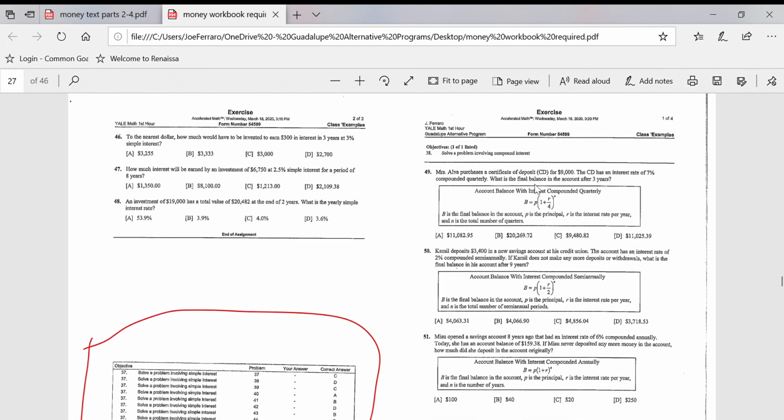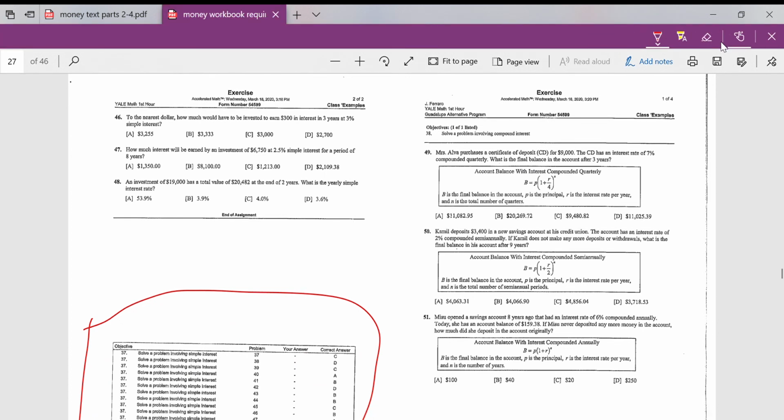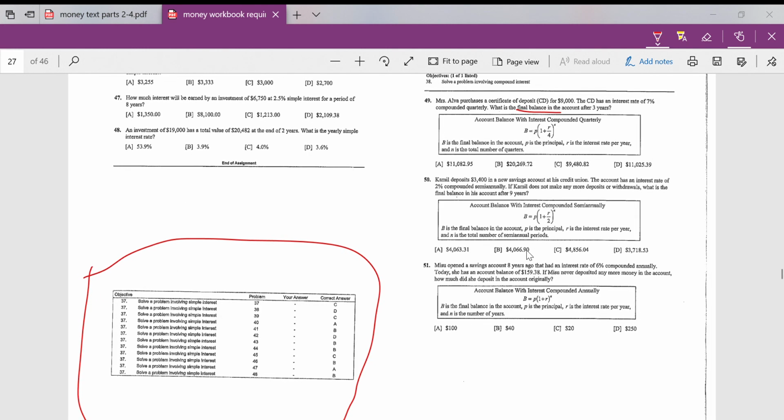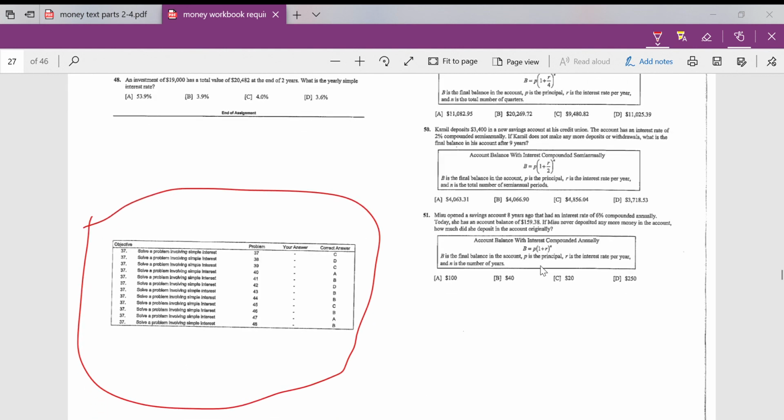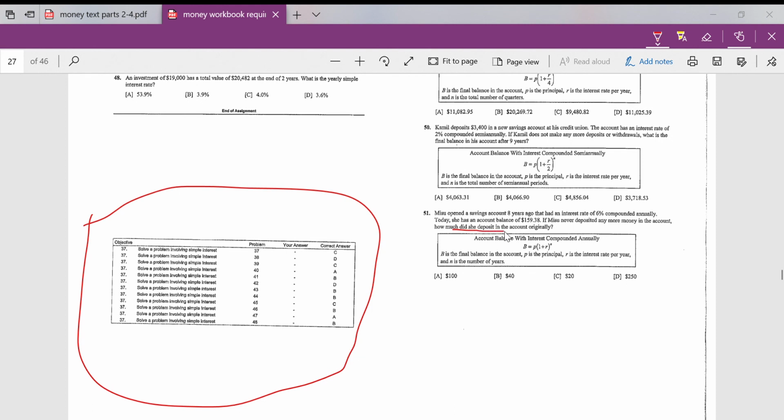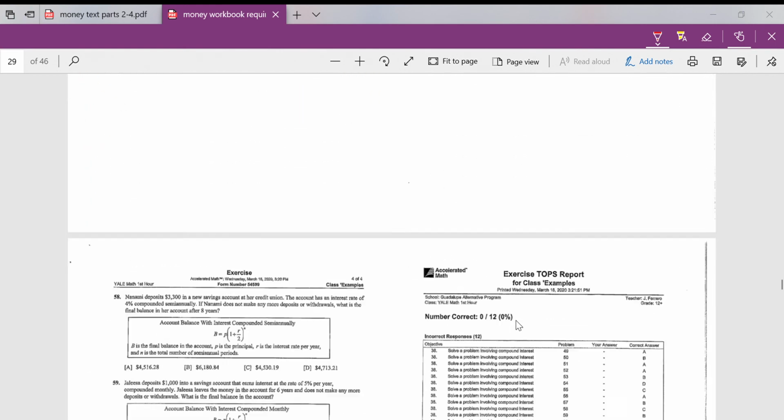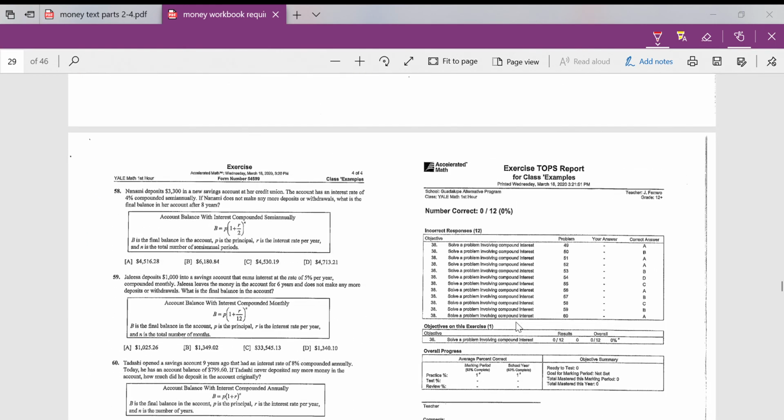Make sure you do a couple that ask for final balance, and make sure you do at least one or two that ask how much did they deposit, because then you're looking for that P, or the principal. Do a couple of those, check your answers. When you feel ready, ask for the test.